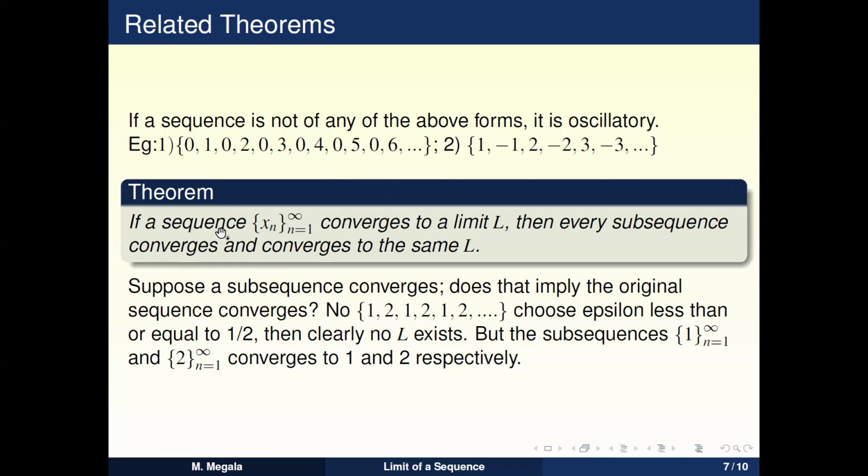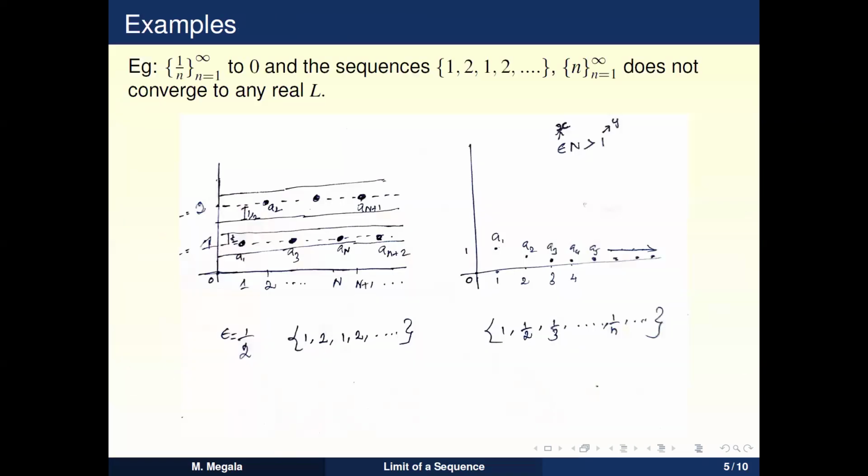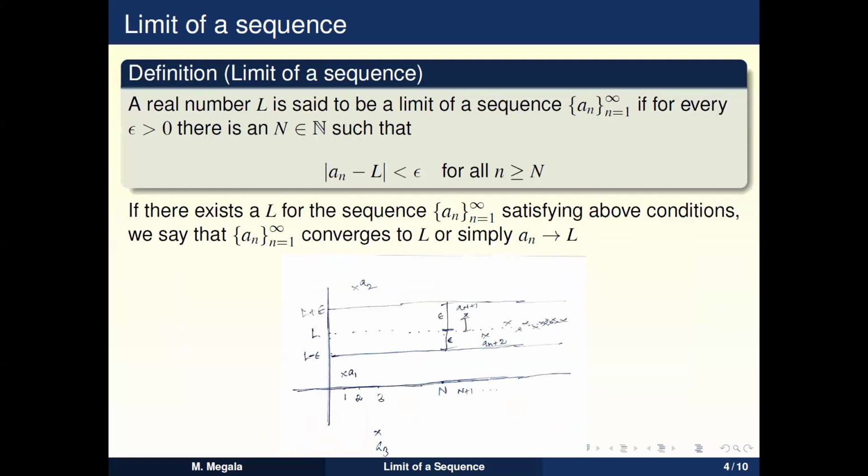Now you see, if a sequence xn converges to a limit L, then every subsequence converges to the same L. How is that? A subsequence means elements of xn taken in some particular way.